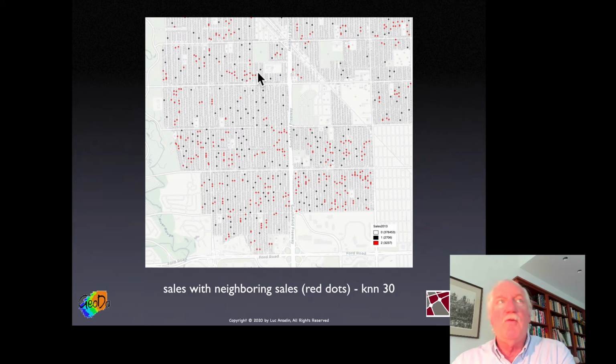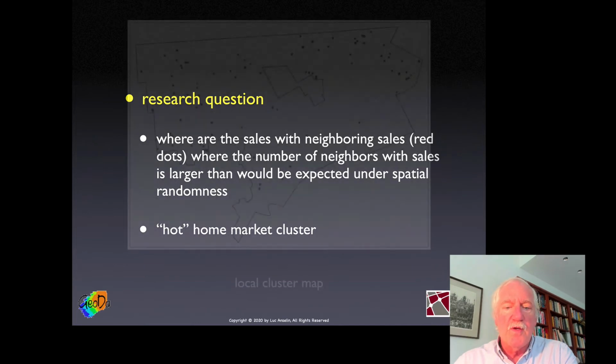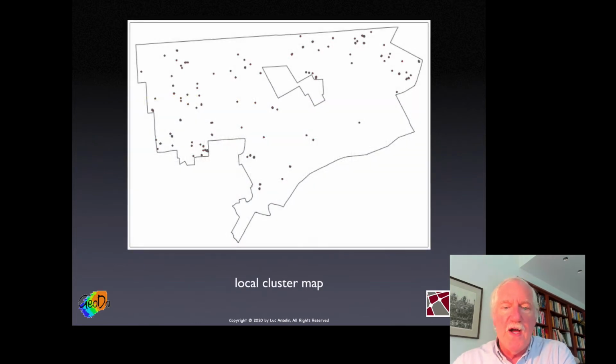So we do our thing, we compute the local joint count statistic, we do the permutations. We want, as I said, to find the cases where the number of neighbors with sales is larger than randomness. So we do our thing, we find these hotspots. Obviously, this is a case of a bad map.